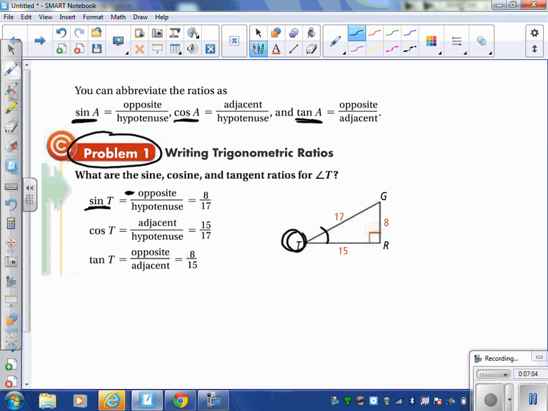Here's angle T. Opposite is 8. So it's 8 over the hypotenuse, which is 17, which goes down on the bottom. So the sine of angle T is opposite over hypotenuse, which is 8 over 17.